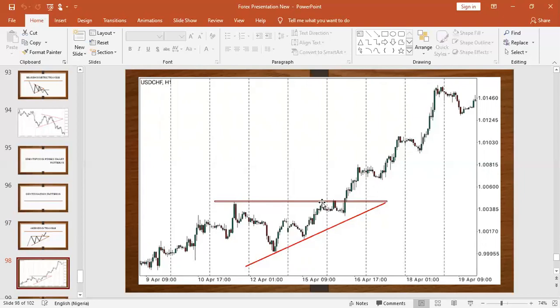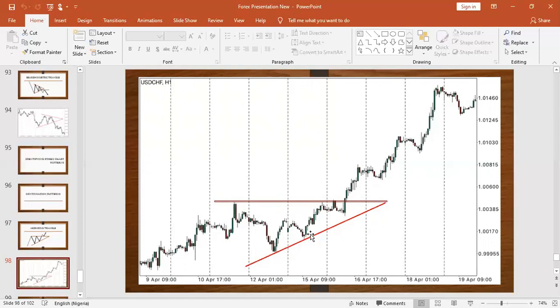It didn't come up to the resistance at this point, but it came down, still touched the support and went up, touched the resistance, came down a bit, touched the resistance again, and the third time it broke out.